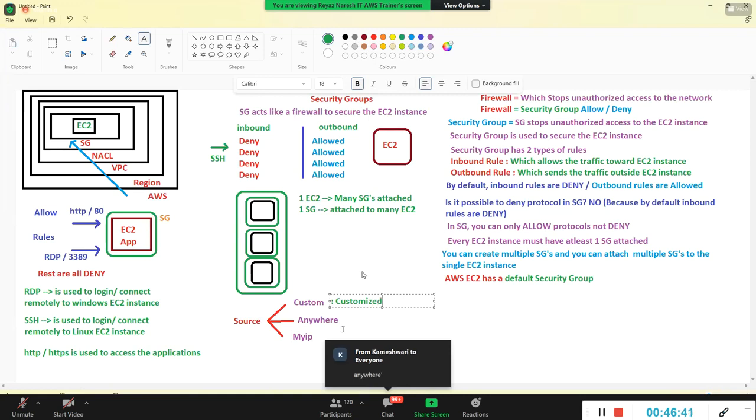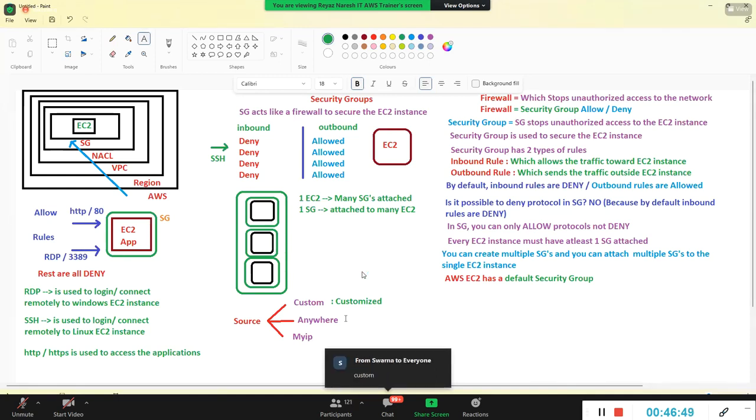Guys, you are not thinking at all. If you use anywhere, everyone can access your account. Do you want everyone to access your EC2 instances? Customized means a customized network. Do you have one? No. Then which one is left?